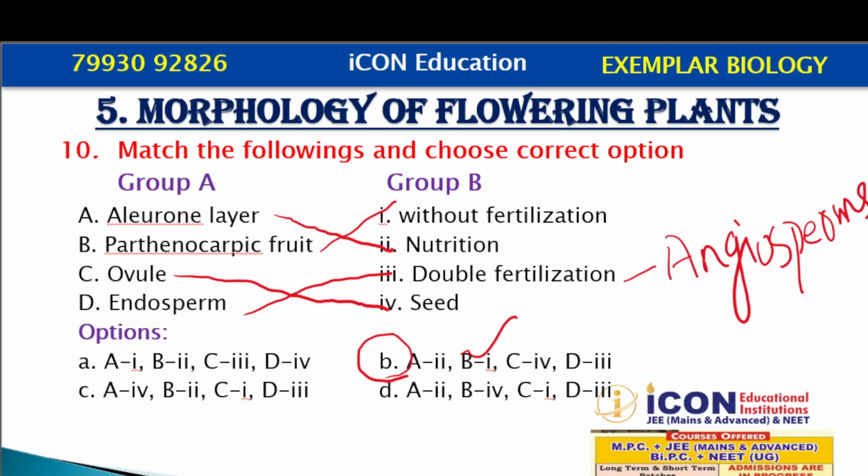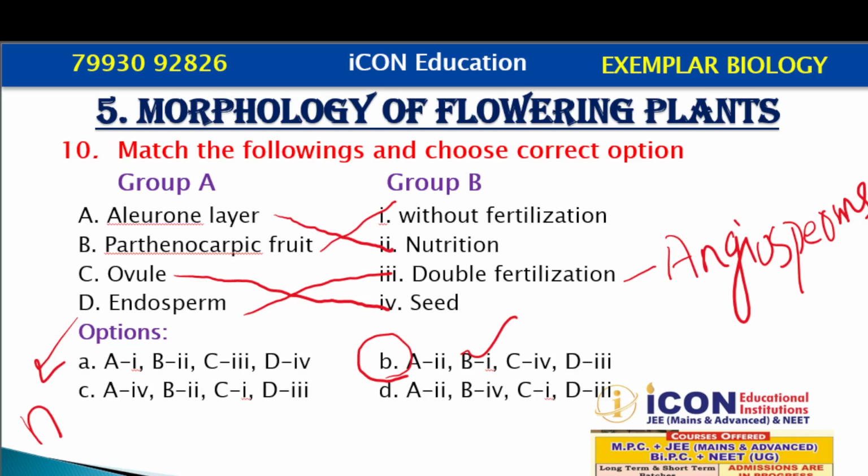Endosperm is haploid and double fertilization is not seen in gymnosperm. The endosperm is developed from the female gametophyte, which gives nourishment to the developing embryo. Double fertilization is a unique phenomenon seen only in the angiosperm.